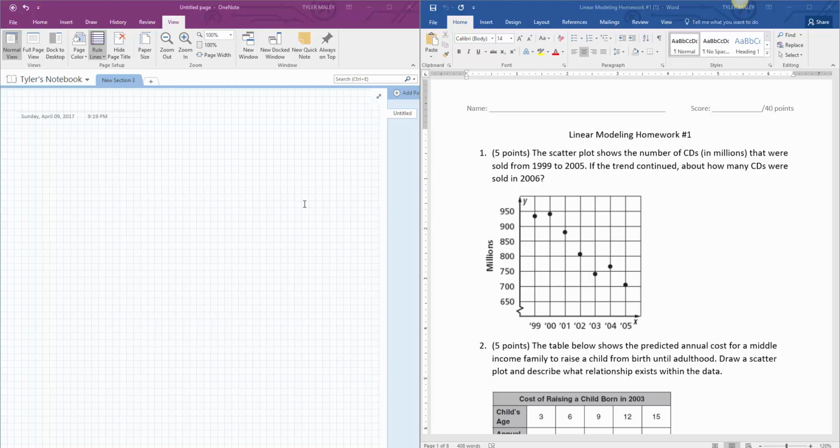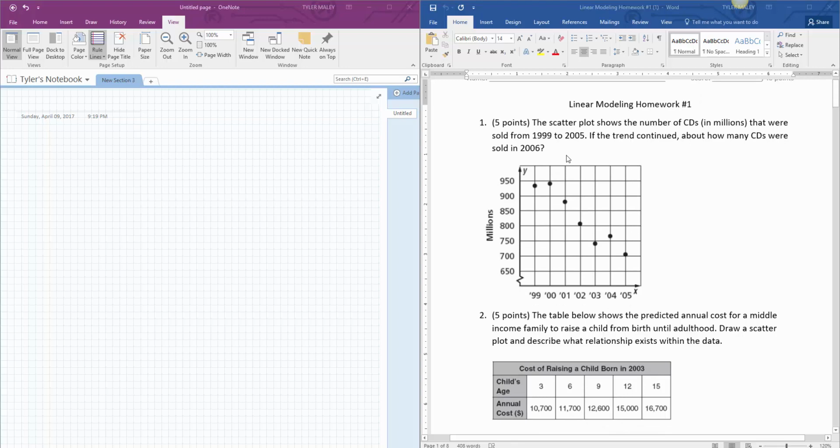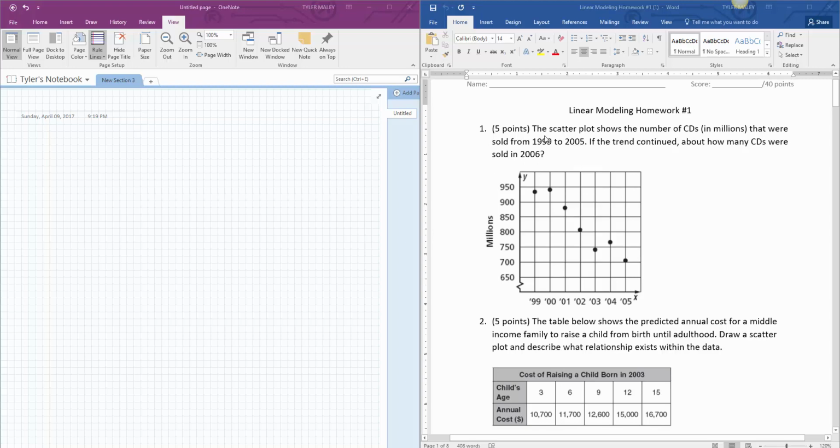All right. So on the right side, I have the linear modeling homework number 1, and we'll work through all of these or a number of these. Some of them become pretty repetitive, and I did that to give you practice, right? So, like number 1, we're given a scatter plot. We're told that we have the number of CDs in millions that were sold between these years, 1999 and 2005.